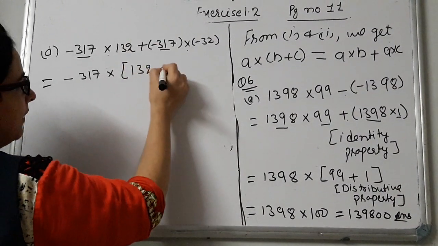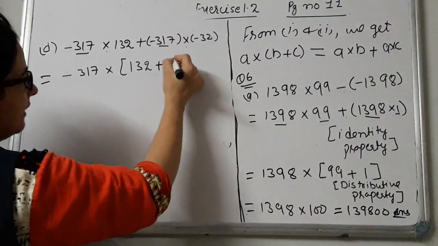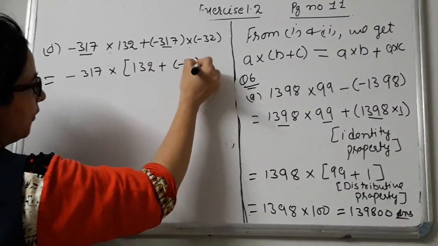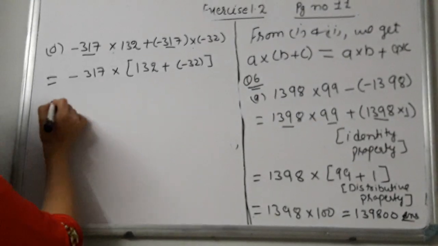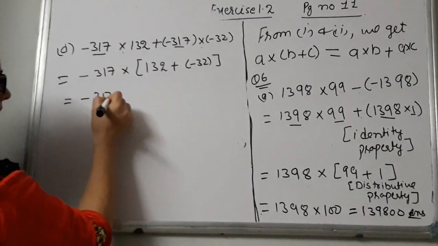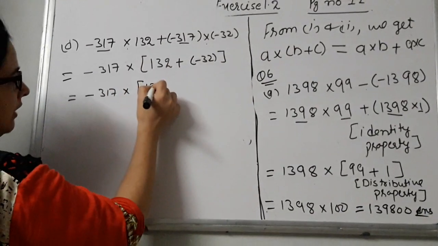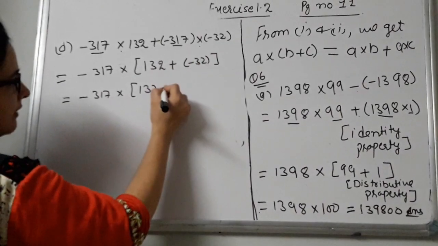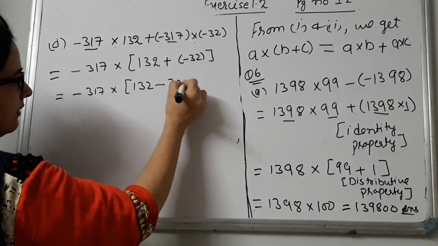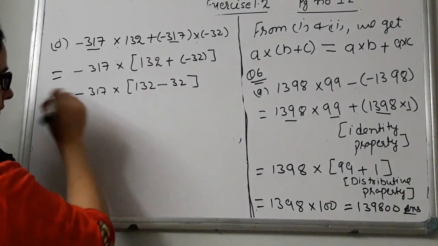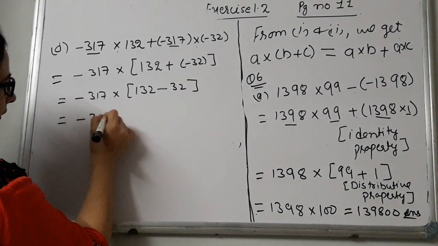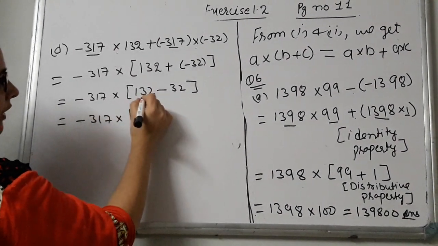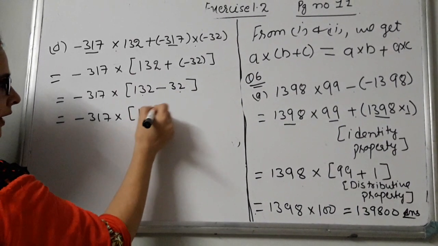Between the sign is plus, -32. Now again -317 into 132 plus minus is minus, as everybody knows. Again -317 into (132 - 32) is 100.